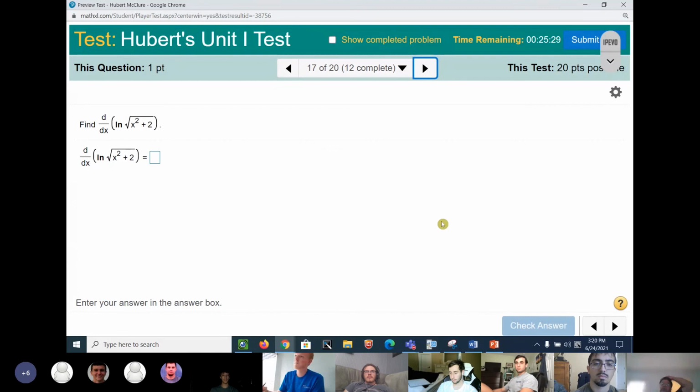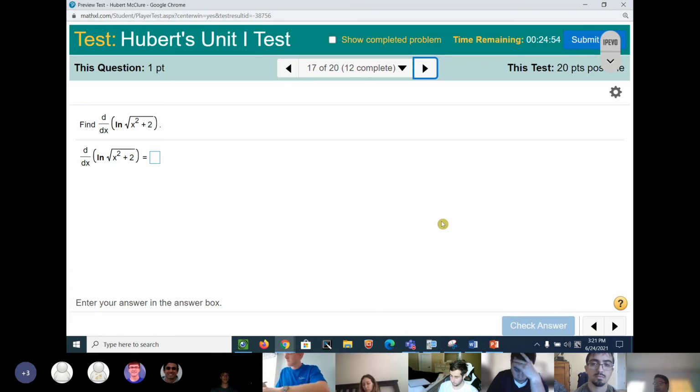Okay, rewrite it first. Now, you don't have to rewrite it, but remember, you've got something in parentheses. y is equal to the natural log of the square root of x squared plus 2.